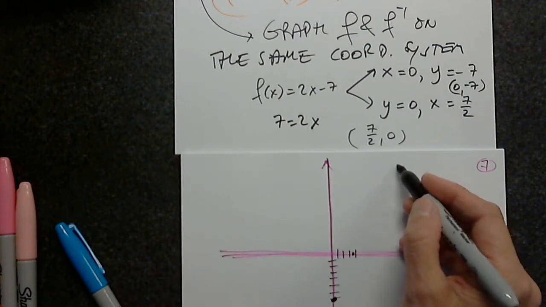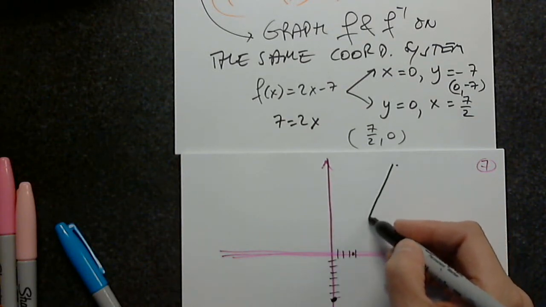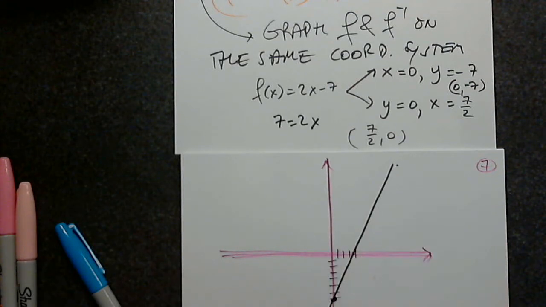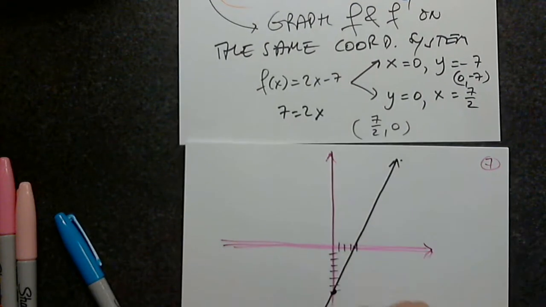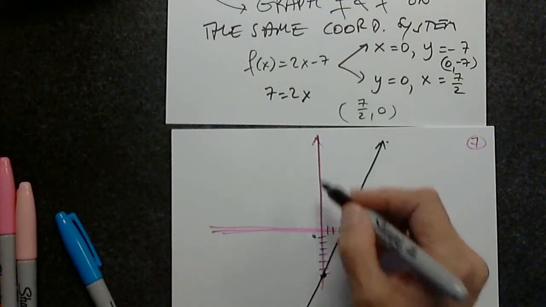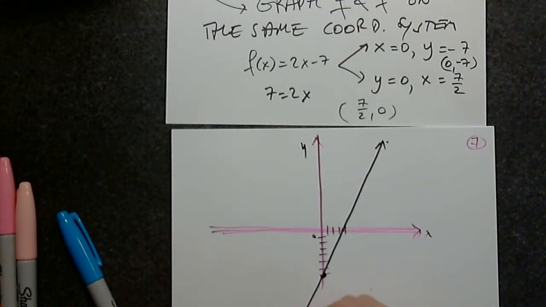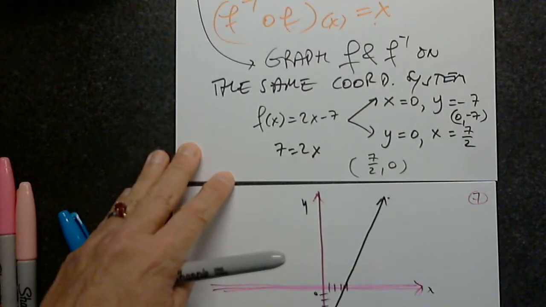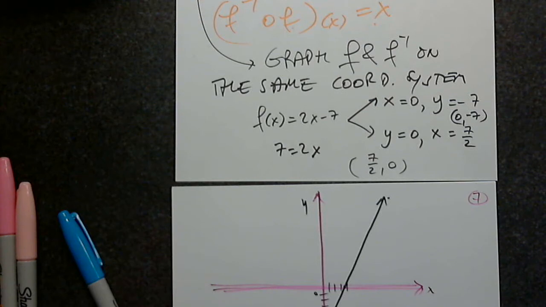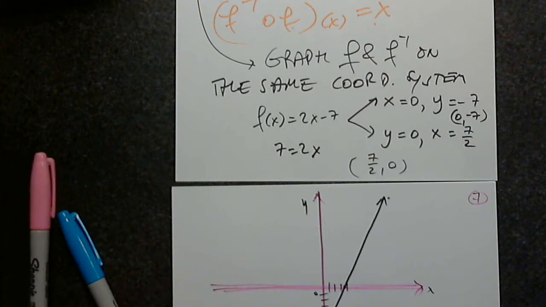I'm going to connect and extend the line. I'm going to write, like always, y equals 2x minus 7. And now I refuse to find other points. From what we have, I would like you to determine or give me 2 ordered pairs that will help us graph the inverse function.